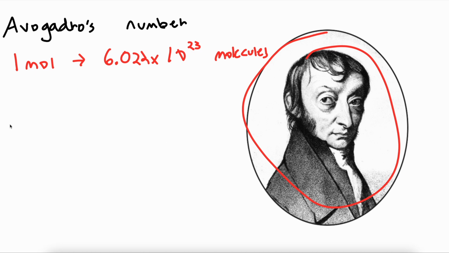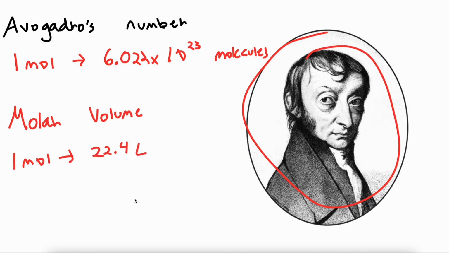Avogadro's work is also linked to the idea of molar volume. Molar volume pretty much states that 1 mole of a substance will have 22.4 liters of that substance, as long as we are at standard temperature and pressure. Although this will always be the case unless it is otherwise specified. Finally, the last very common and useful conversion you will be using in your class is the molar mass.